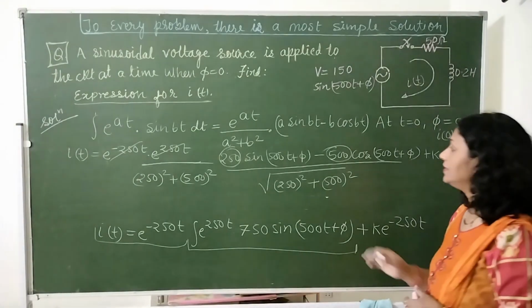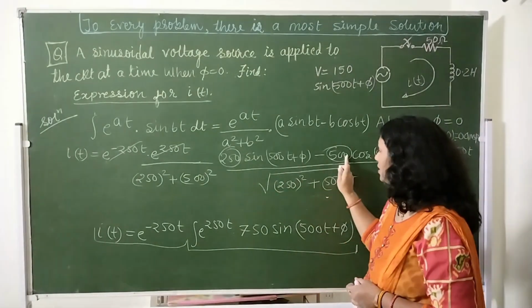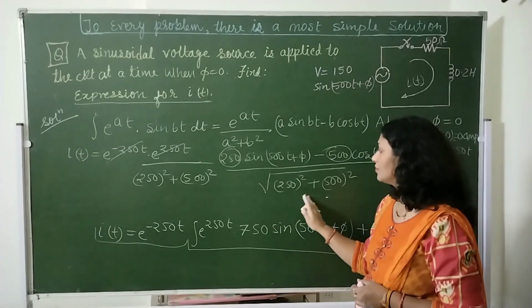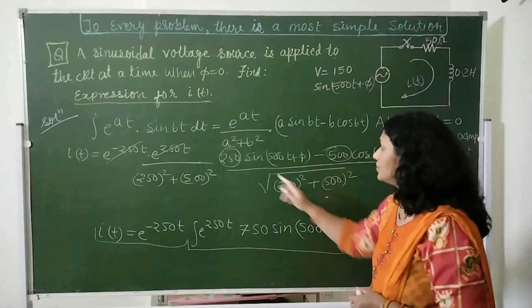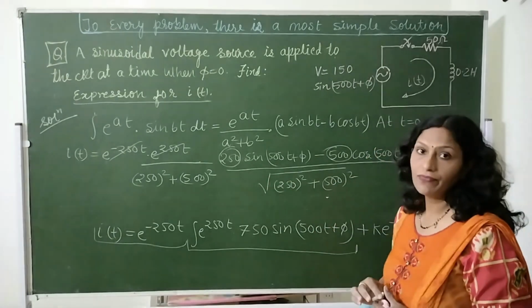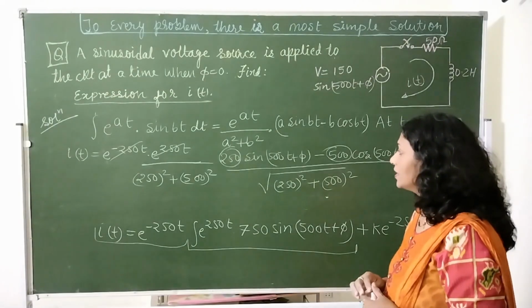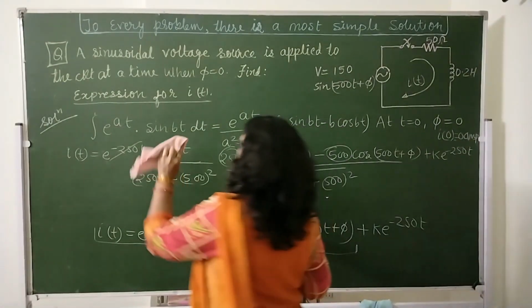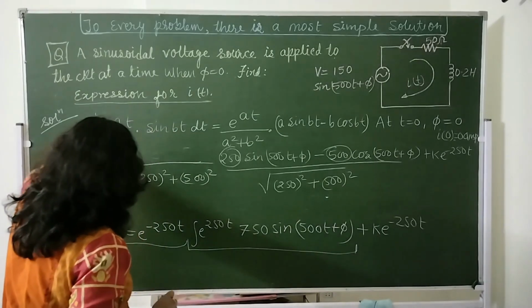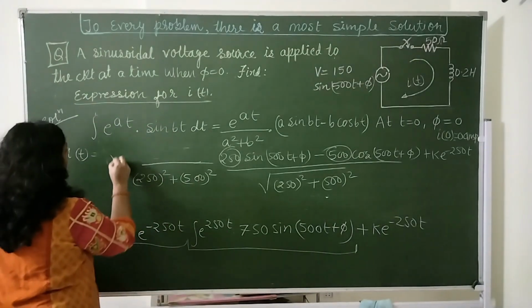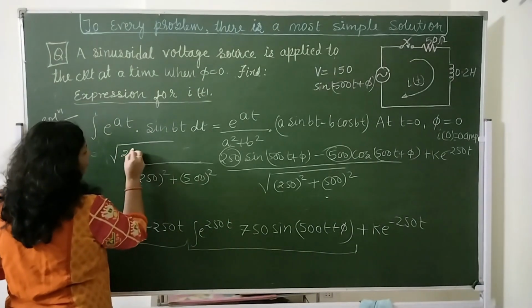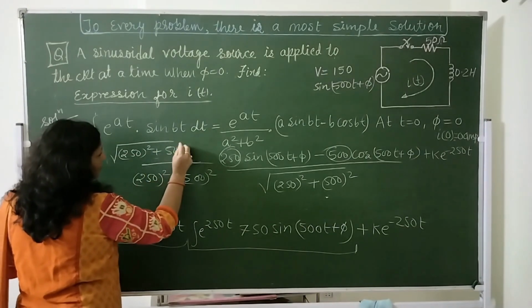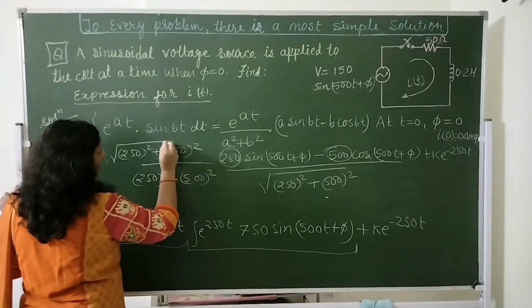Why have we divided these two by the root of the sum of squares? So that we can introduce a phase shift theta here. Since we divided by this, we multiply by the same number, the square root of 250 squared plus 500 squared.